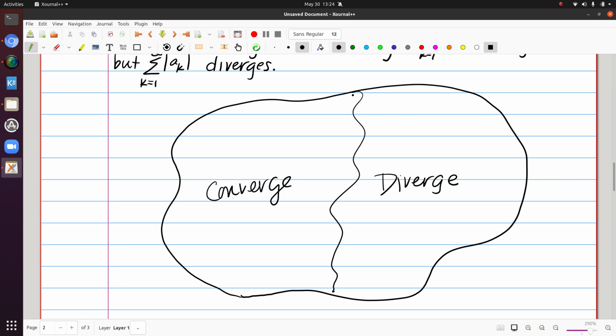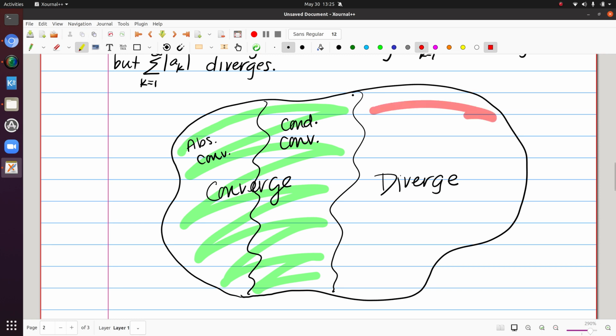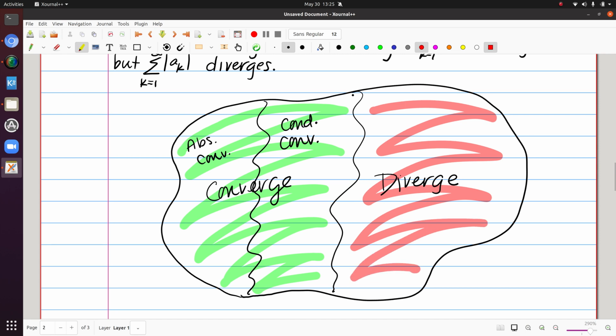But now what we're going to do is split up this side and say that on top of that, we could either have absolute convergence or conditional convergence. So these are just subsets of our notion of convergence. And importantly, if we want to know if a series converges, both of these new categories still satisfy that the series converges, whereas we still have the other category, diverges. We just haven't split that up into anything.